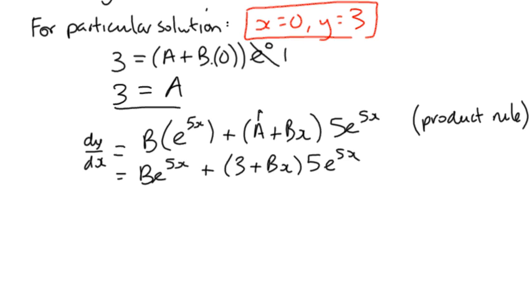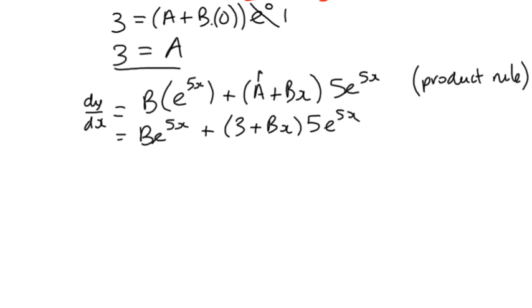Maybe we should have stuck 3 in at the very beginning, but there we go. And that gives us b e to the 5x plus 15 e to the 5x plus 5bx e to the 5x. Okay, that's as good as we can get. I suppose we've got b, we get 6. Now we can leave it like that.